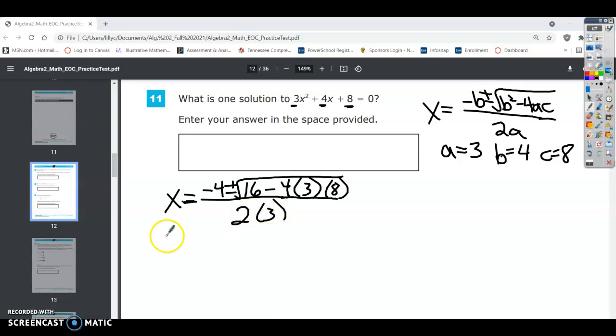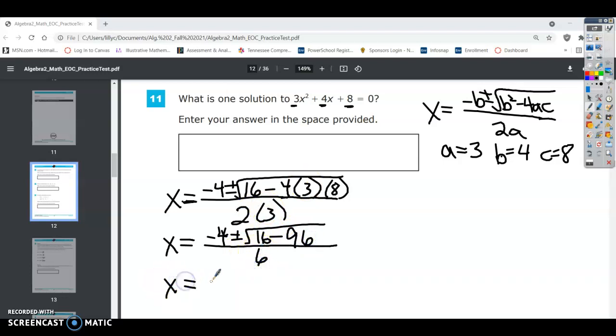Alright, so with that, we're just going to simplify. We're going to start with what's underneath the radical sign. So we're going to do negative 4 plus or minus. We're going to do 16 minus 4 times 3 is 12. 12 times 8 is 96. So 96. And then 2 times 3 is 6. So we're going to have x equals, we've got negative 4 plus or minus.